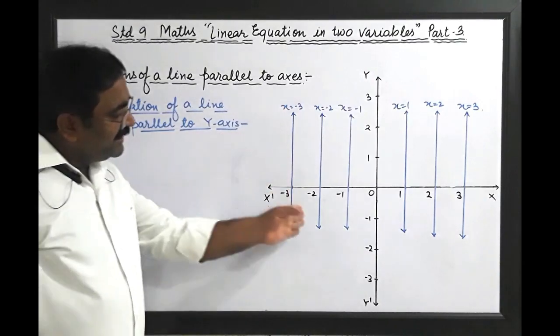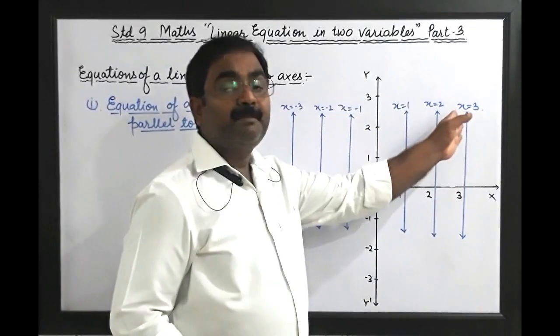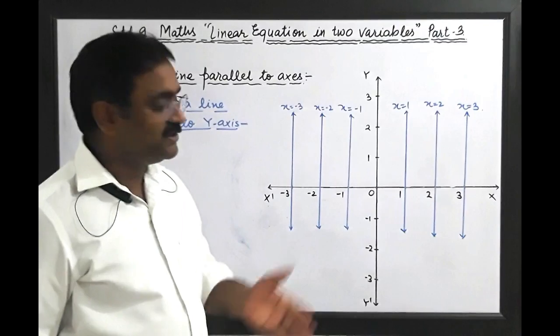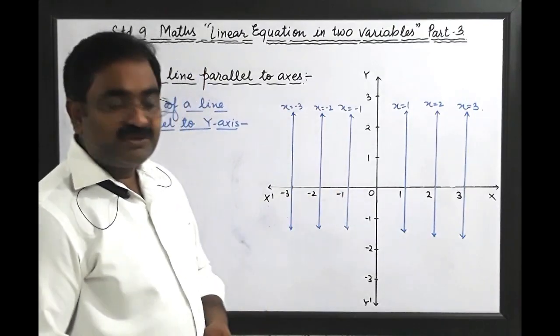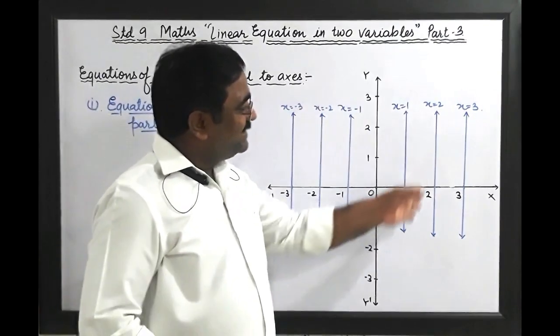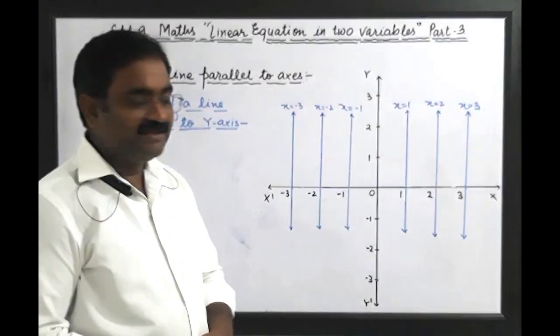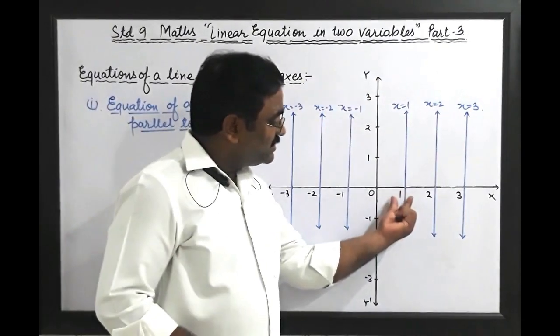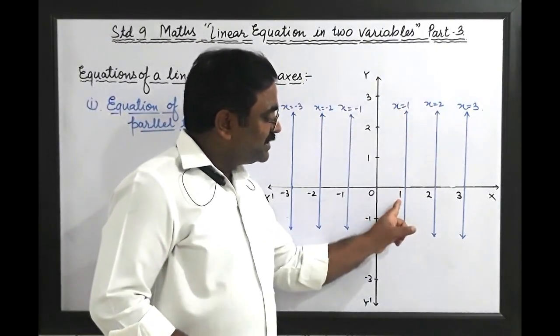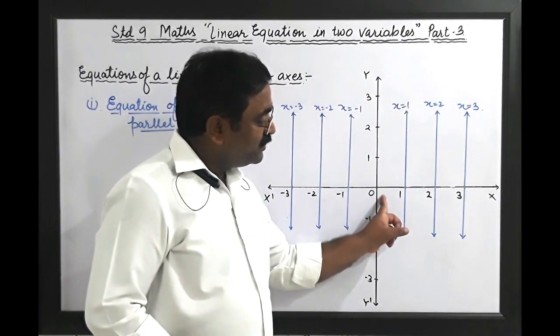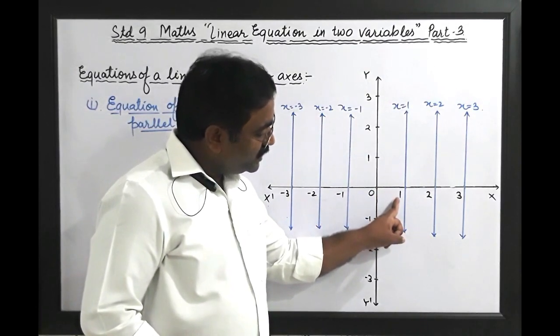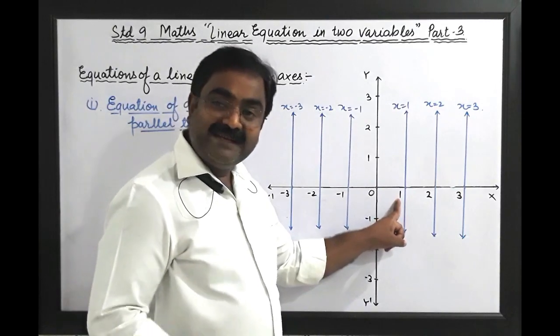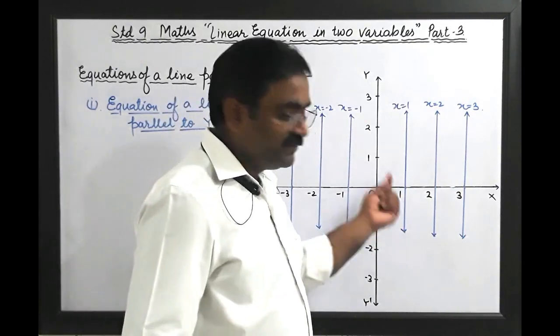So these are the lines which are drawn, they are parallel to y-axis as you can see. Like suppose this line we have taken, this line intersects x-axis at the point 1.